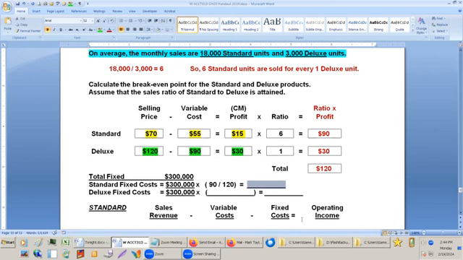It's gonna be a funny number, I think. 300,000. It's not so funny. 225. And truthfully, right there, you would know, of the 300,000, if 225 goes to standard, the rest of them must go to deluxe.